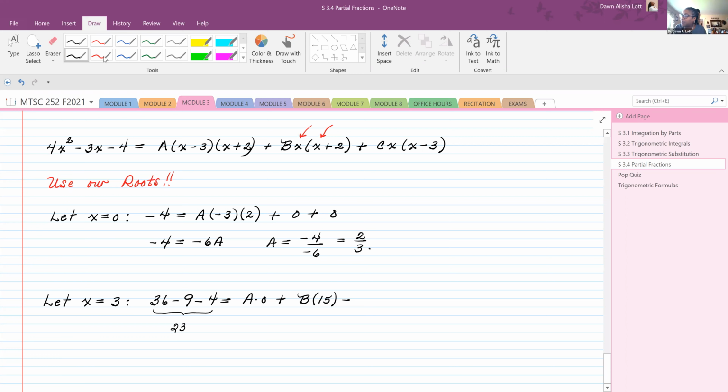And then I need a 3 to go in here and a 3 to go in there. And would that just be 3? That would be 3. And then how about the second piece? 0. Good. So I get c times 0. So that's gone too.